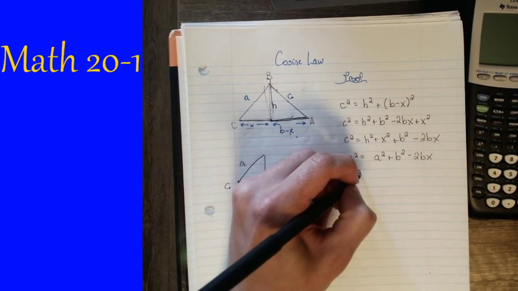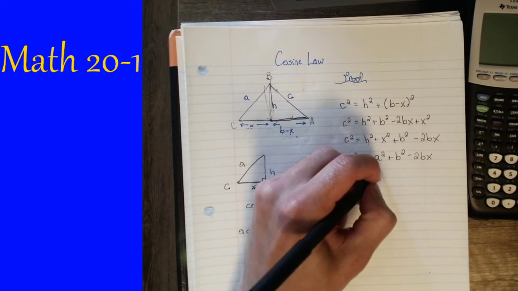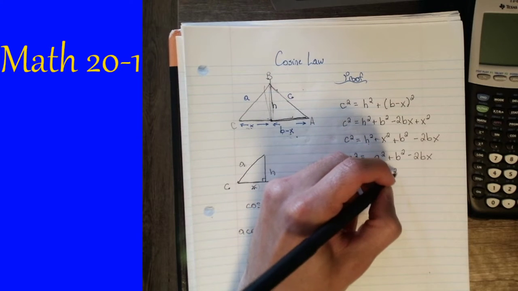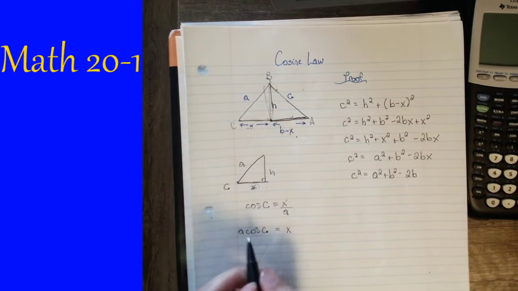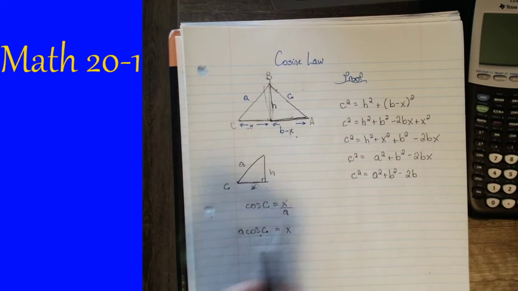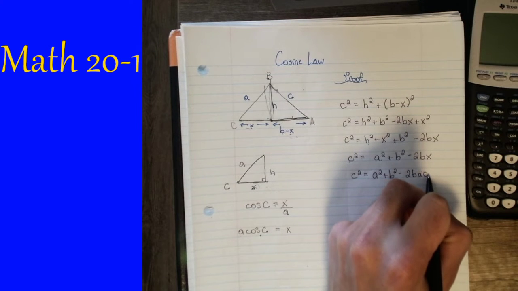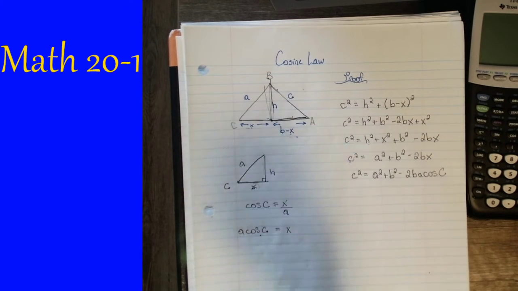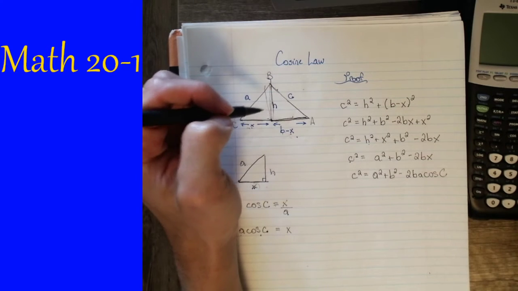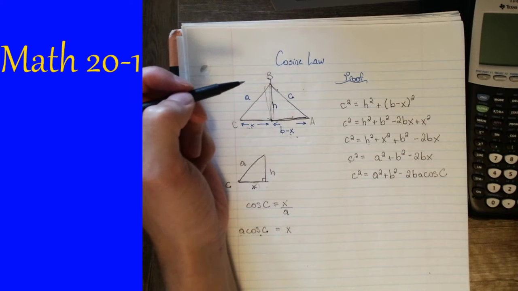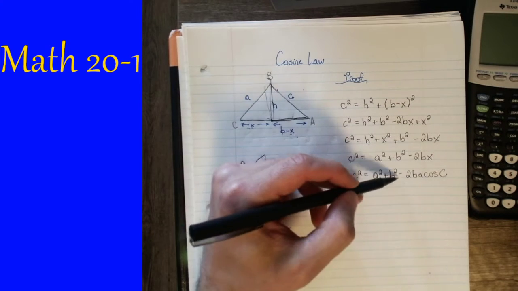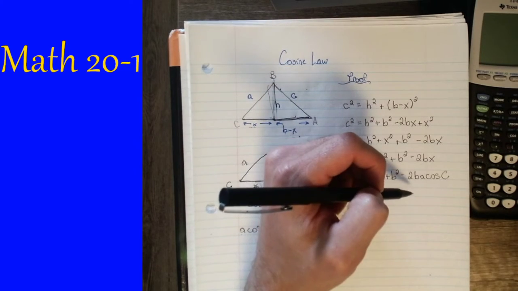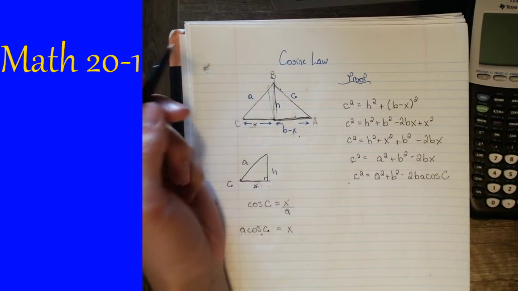So altogether we have c squared is equal to a squared plus b squared minus 2 times b times a cosine C, because that's what x is. And now what we have is this different formula that only involves a, b, c, and an angle. And this is the cosine law.